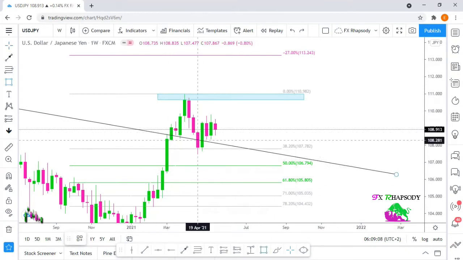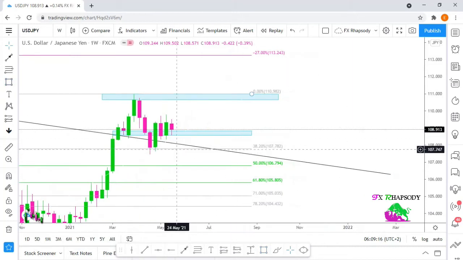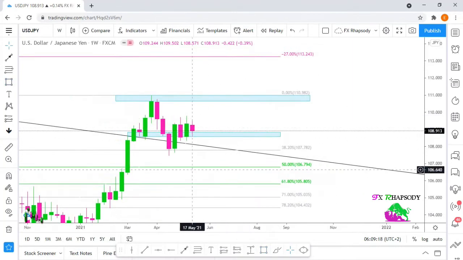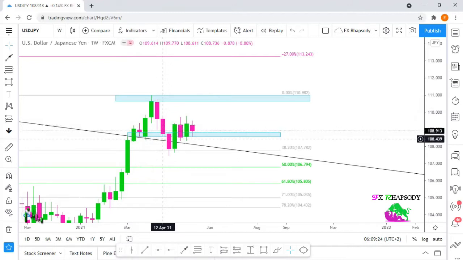So basically we can just draw this area right here, and we can see that's the candle, and this is exactly what's happening. Price went up, turned, came back and retested that area, broke through it, came up, broke through it again, came down, and it's been bouncing around that area.